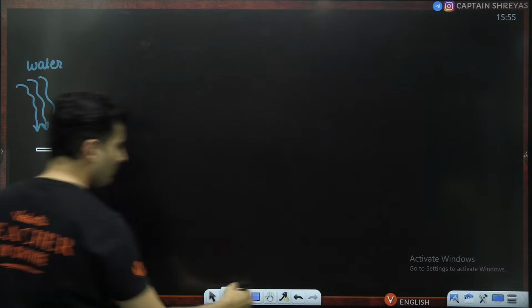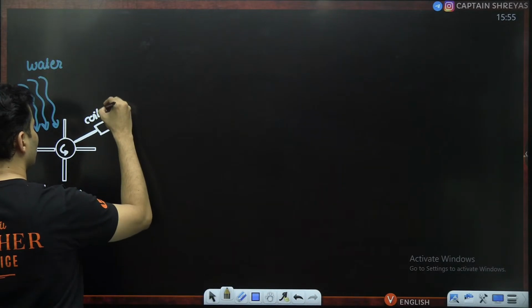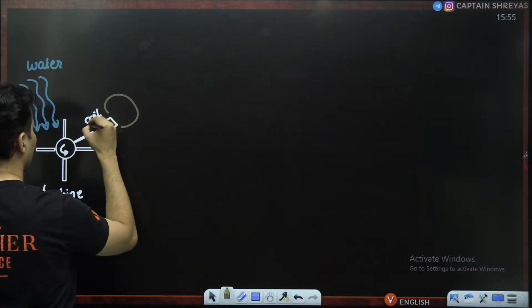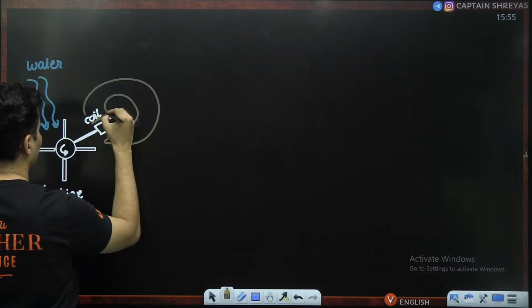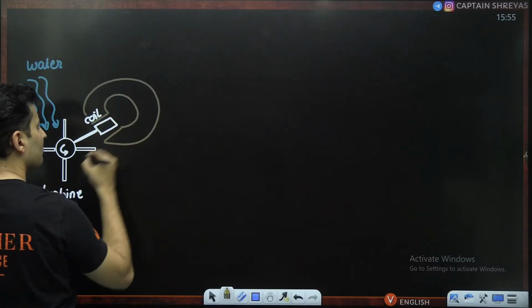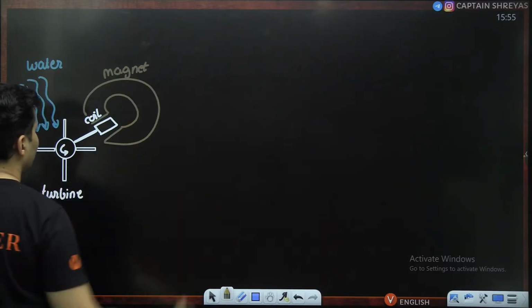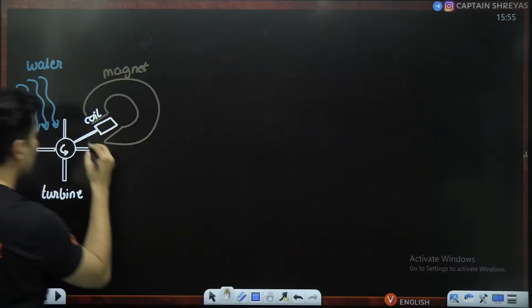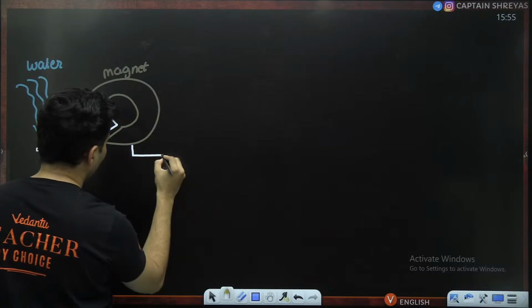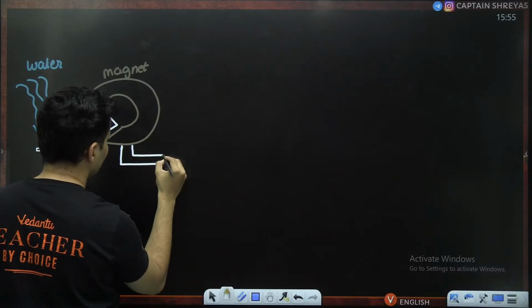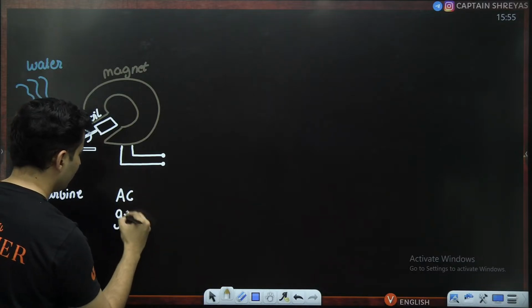A magnet might be there, and because this coil will rotate, it will generate some electricity, and that electricity which is generated from here is basically your AC generation.